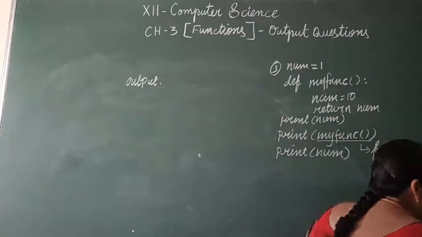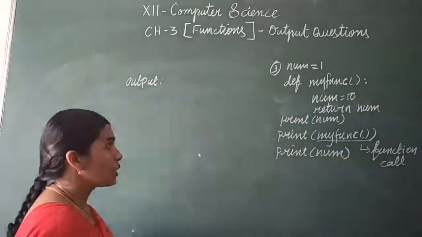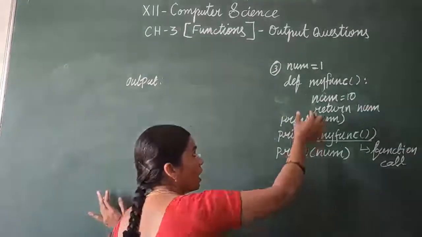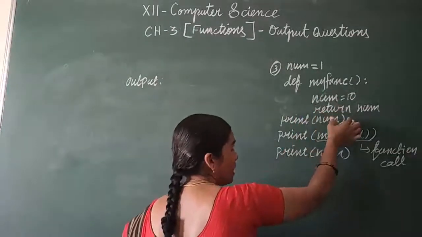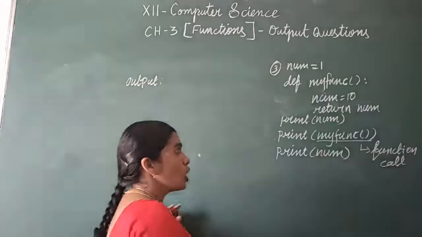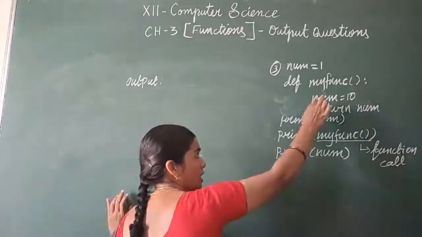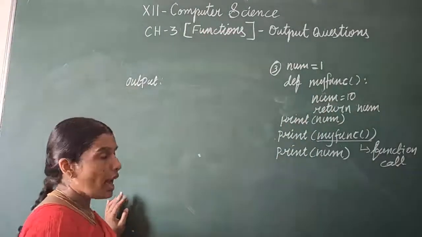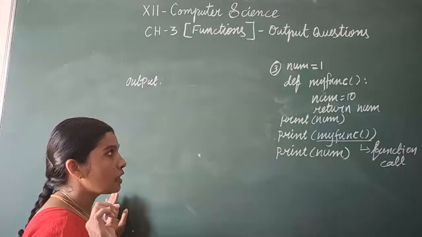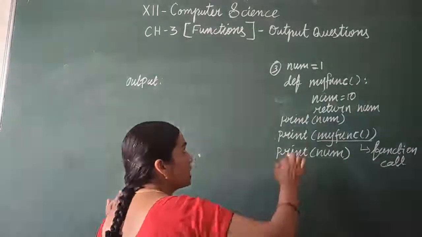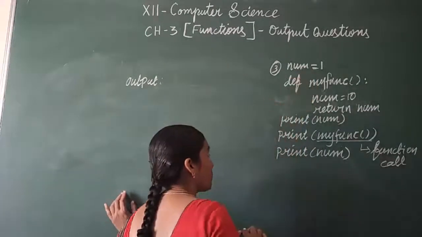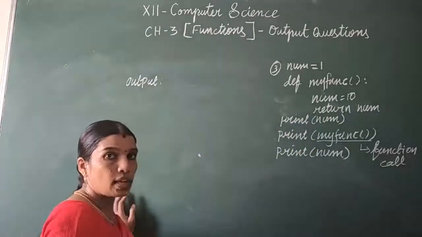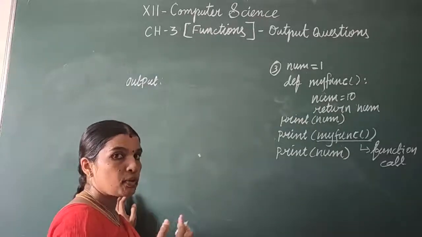So see here, only one statement I used. In the last program, only inside the function definition, that return num only we used. So one more statement I added inside the function definition, that is num is equal to 10. I think you are having a little bit of confusion. I will explain. Here also we use the variable num. Then inside the function definition also we use the variable num. So what's the difference between these?